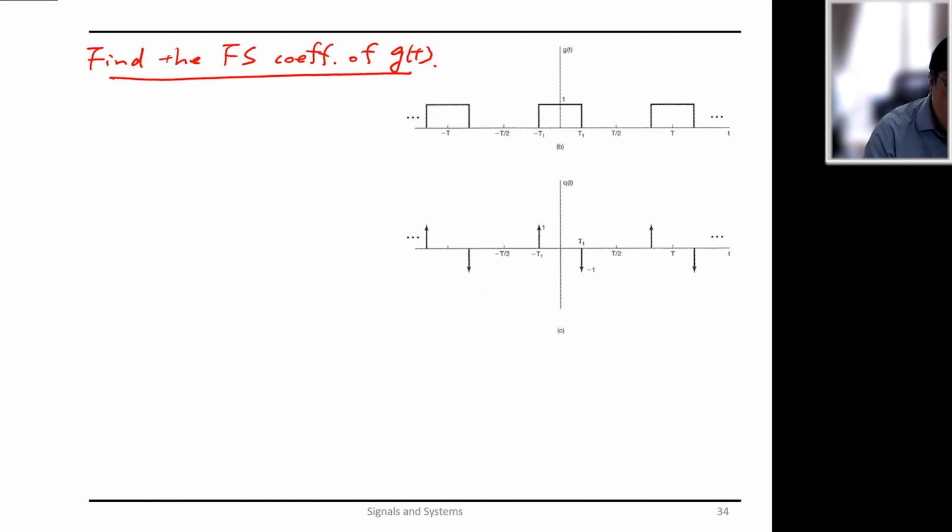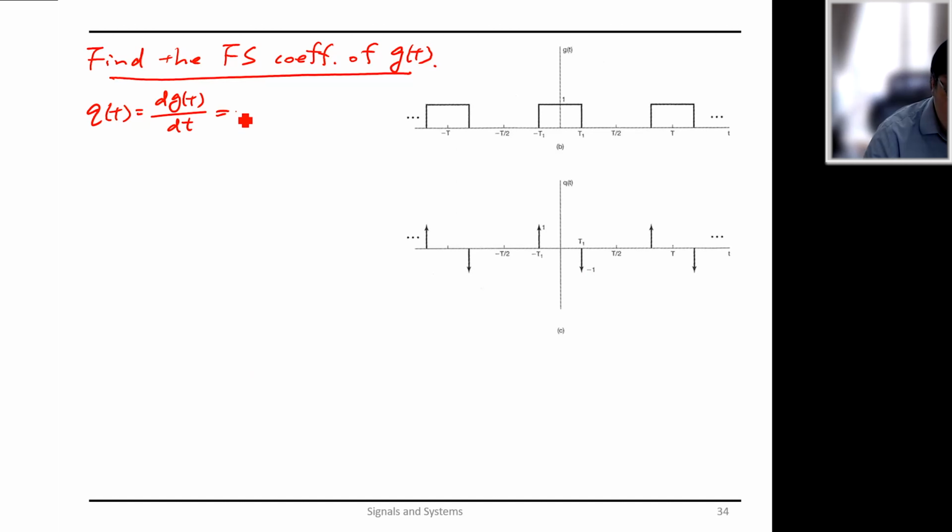So this q of t, which is the derivative of this periodic square wave, is equal to the summation of two impulse trains, one shifted to time minus t1 and the other shifted to time t1.